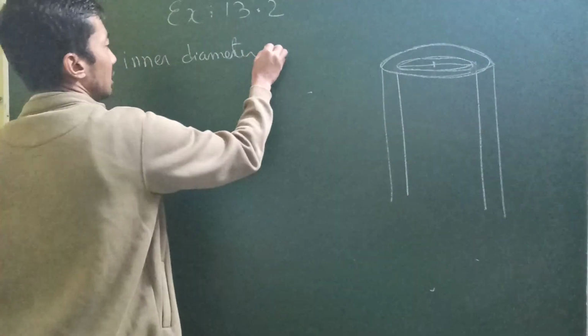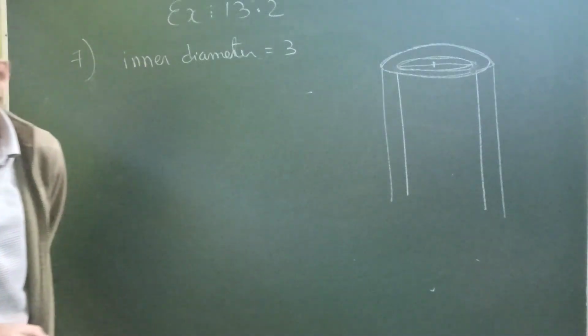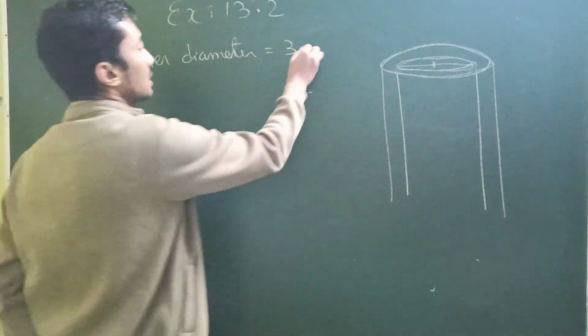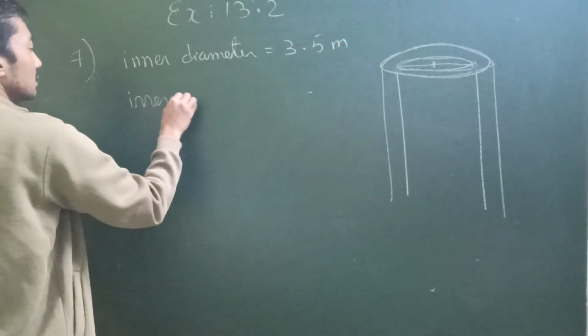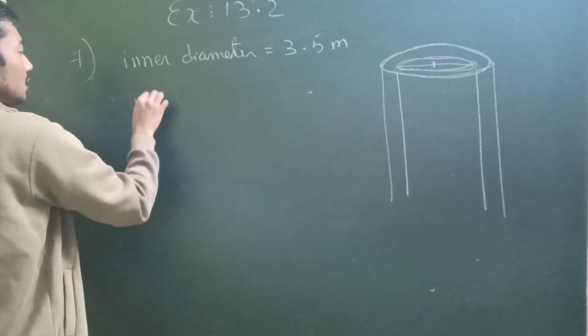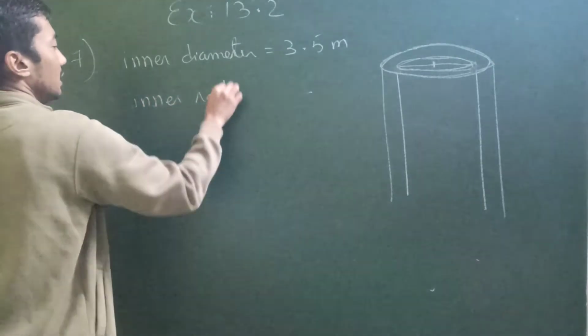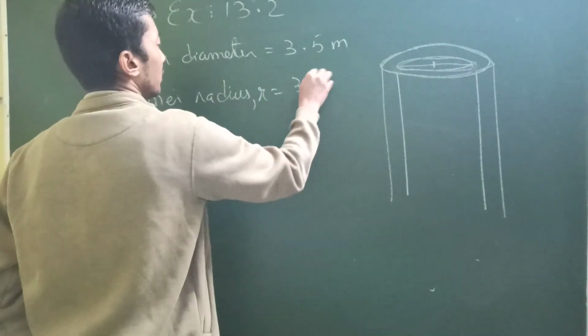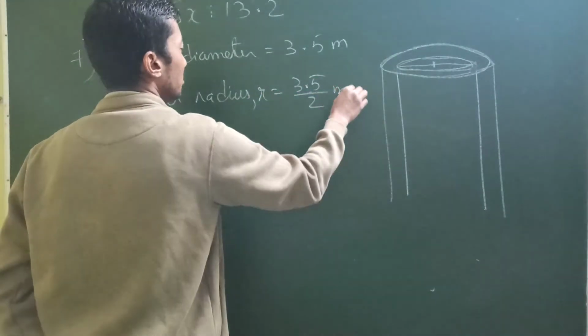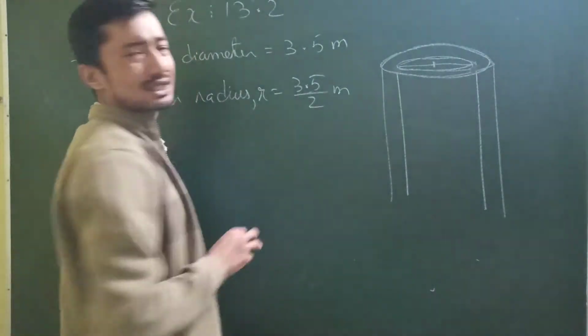So inner diameter is given how much? 3.5 meter. So immediately let's find out the inner radius will be 3.5 by 2 meter. Let's leave it there.